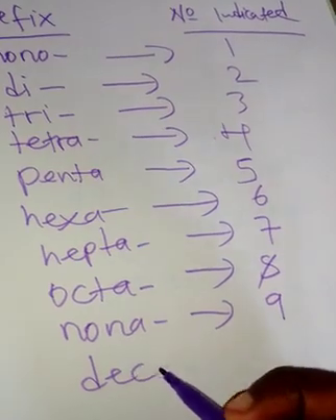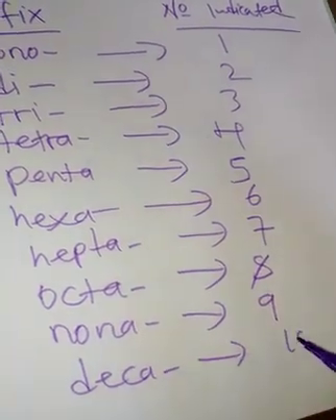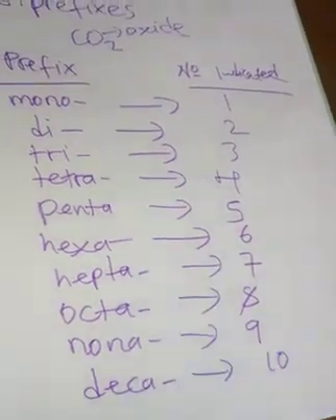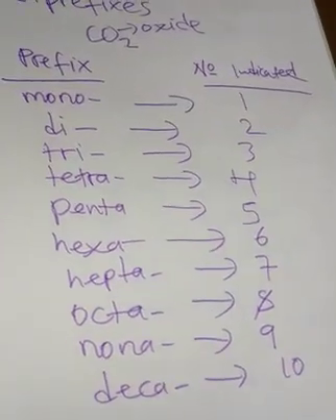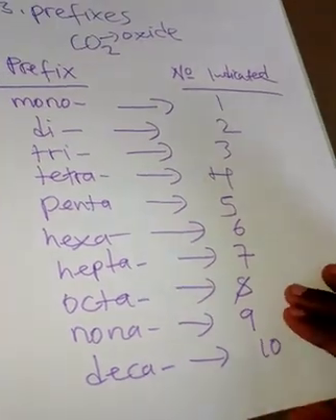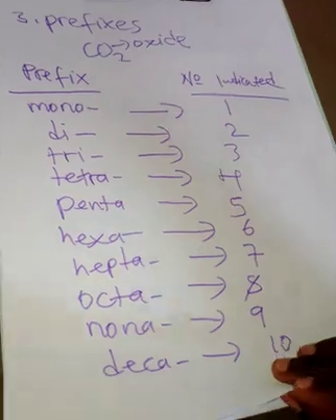Deca is 10. So these are the prefixes that you should know, and we'll be using them to name binary covalent compounds.